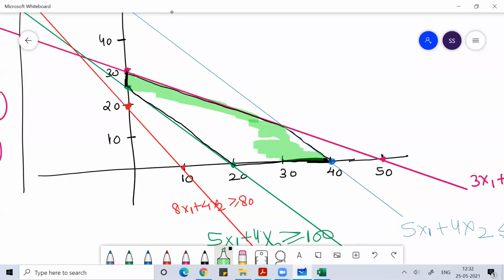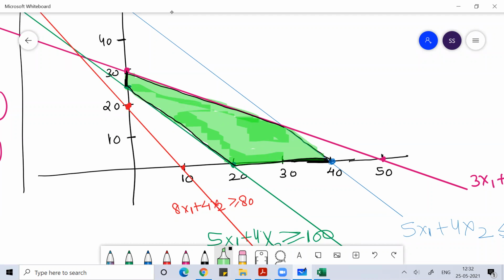You can find the area which is common between all four lines. This was the area common between the first three lines, and the fourth line includes all the area beyond it. So the area which is common between the first four lines would be this area.